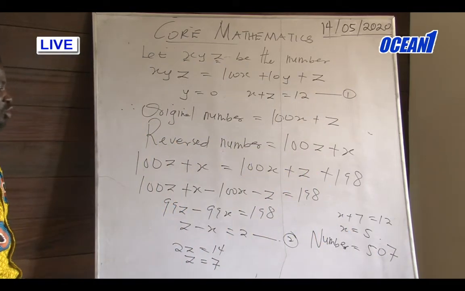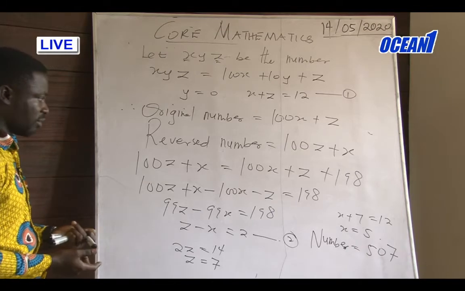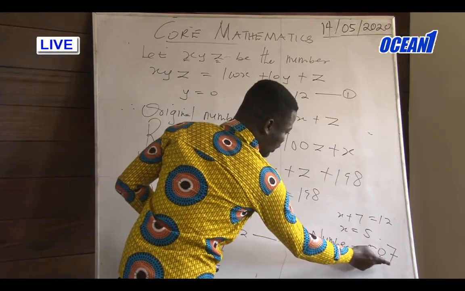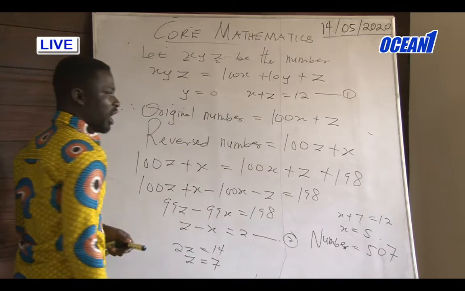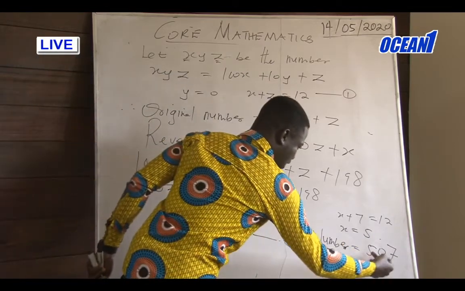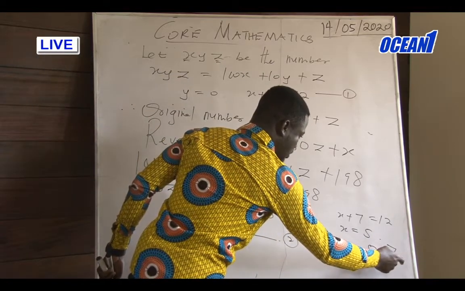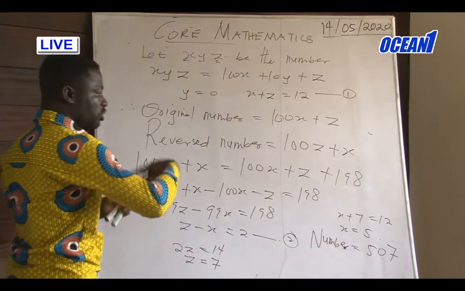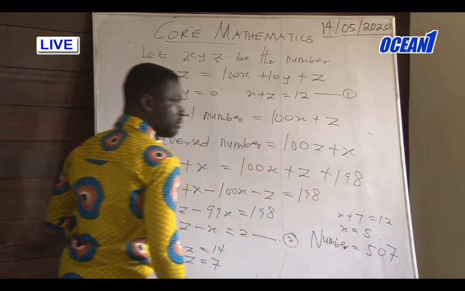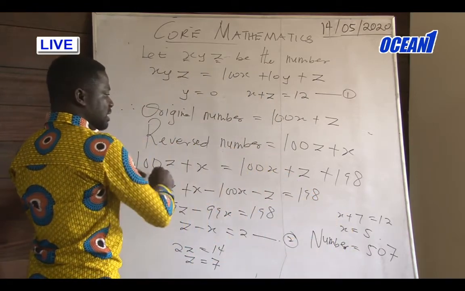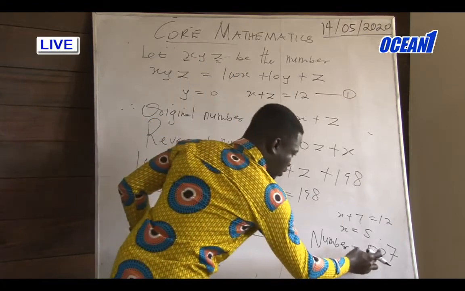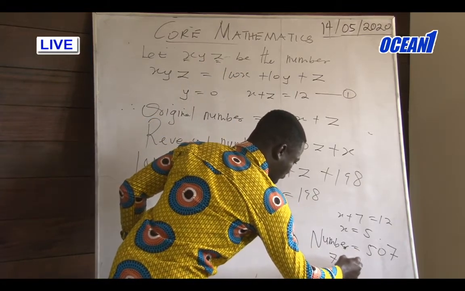So the number they're talking about is 507. That is 7 ones, 0 tens, then 500s. When you sum this, you get 5 plus 0 plus 7 is 12. When you interchange it, you are going to have 705. So the reverse of 507 will be 705.